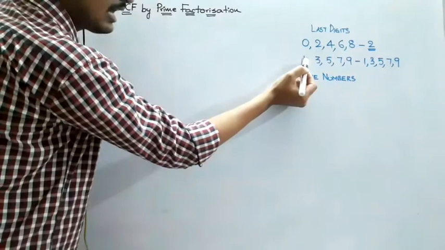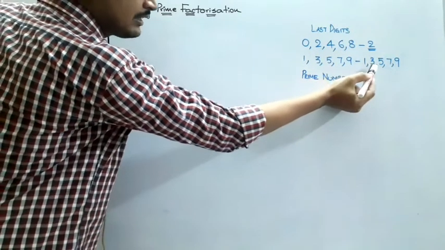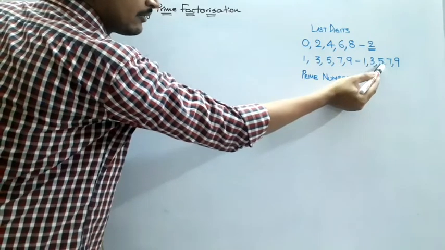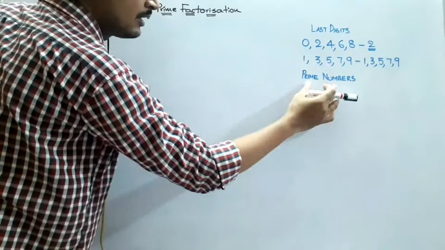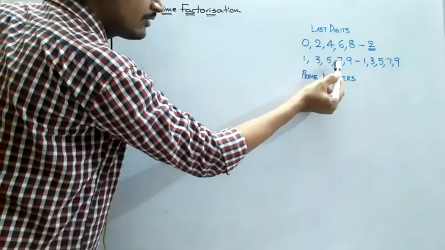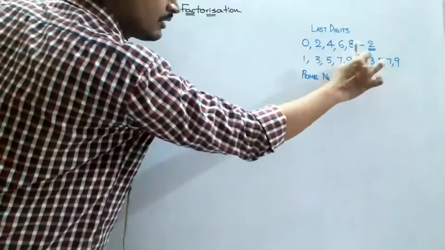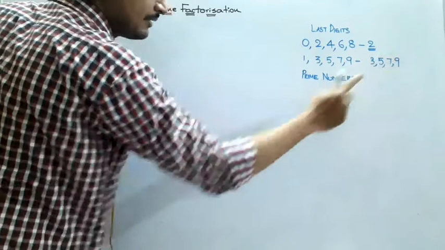And if the last digit is 1, 3, 5, 7 or 9, first check with 3, 5, 7, 9. Usually 1 will come at the last. So, no need of 1, start with 3, 5, 7 and 9.